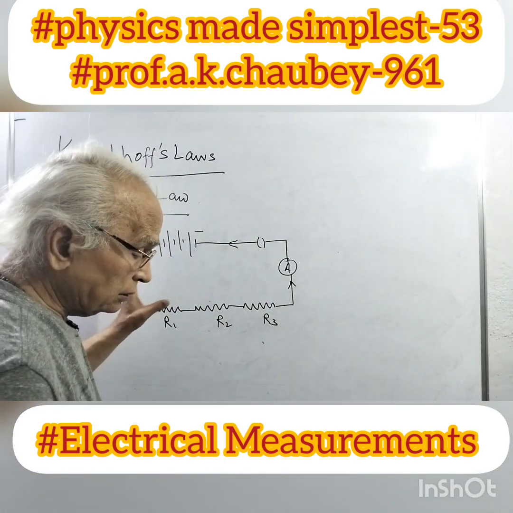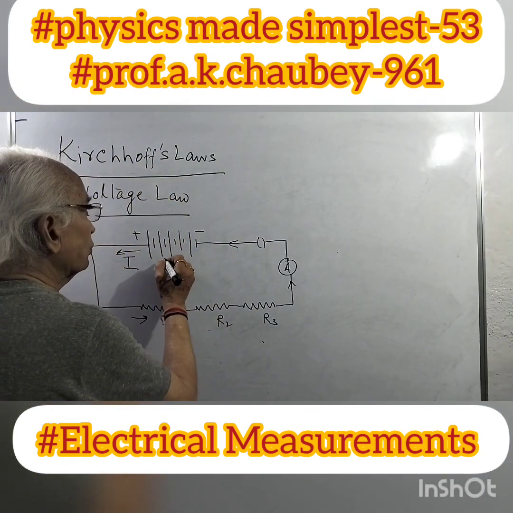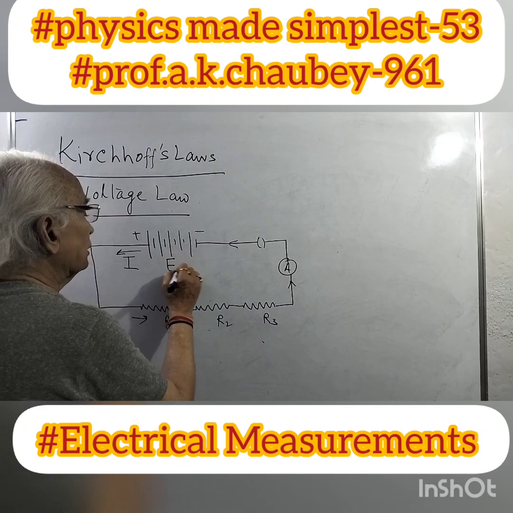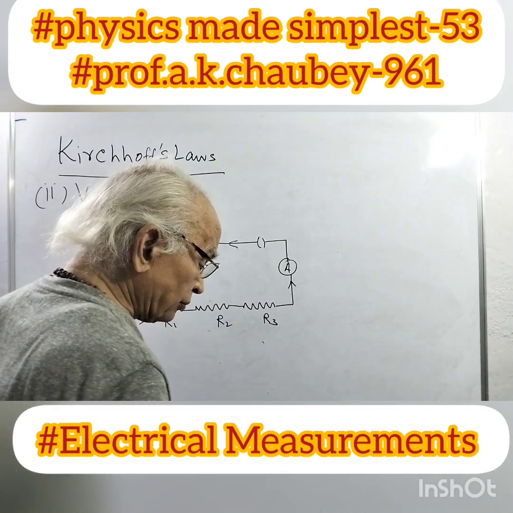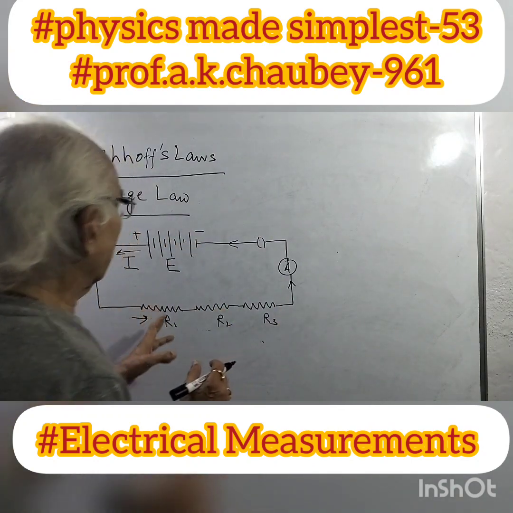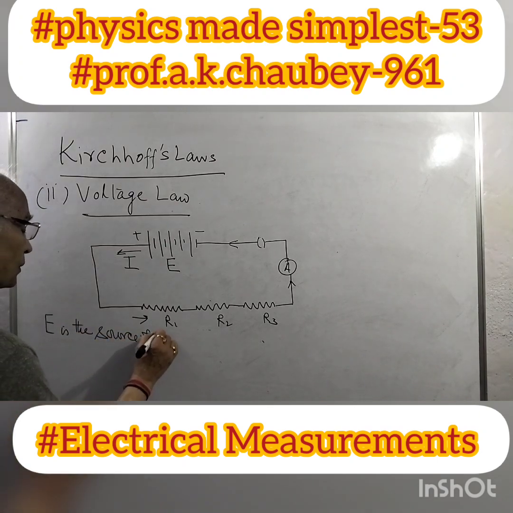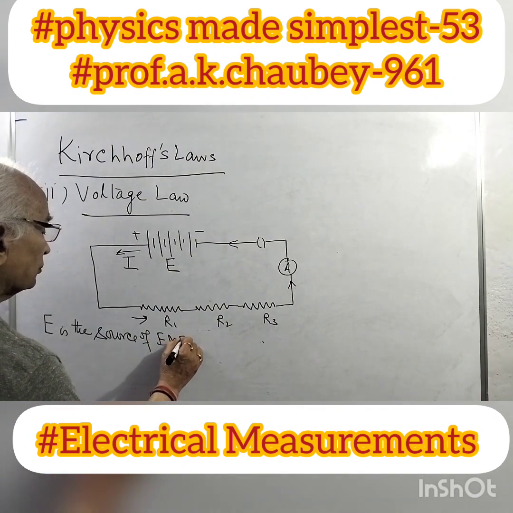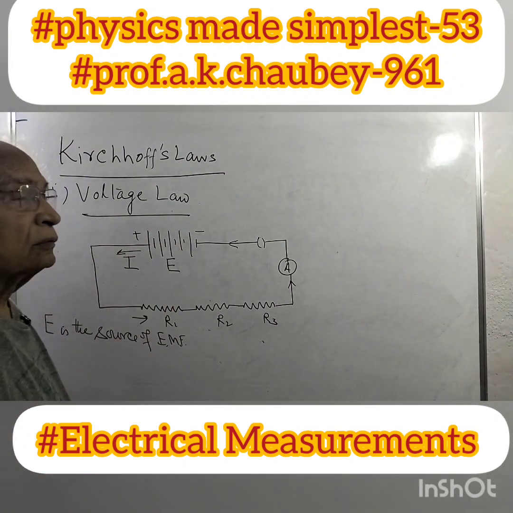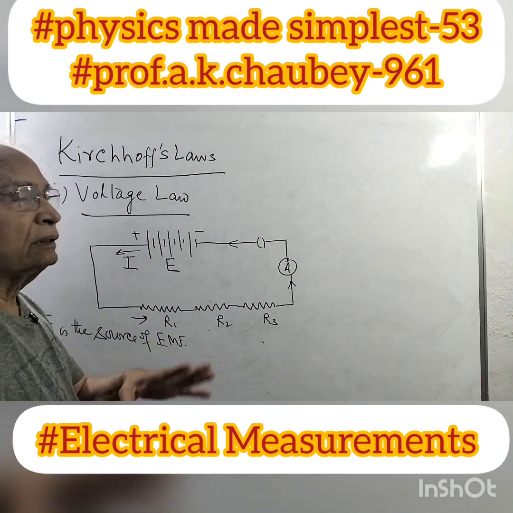A battery is a source of potential, that is, an EMF source. Suppose EMF E is connected to a circuit involving three resistances R1, R2, R3. There may be more than one source, two or three, multiple sources also. Then we have to add all these, E1, E2, E3.